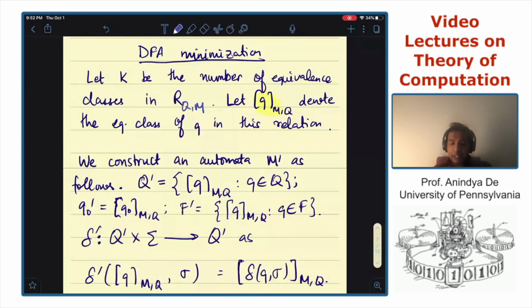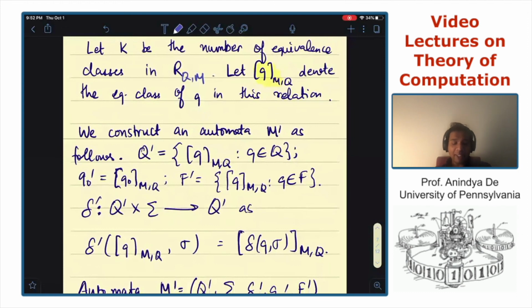So for a state q, let the bracket denote the equivalence class of q in the equivalence relation R_{Q,M}. We will now construct an automaton as follows. In Q prime, we will have a state corresponding to each of these equivalence classes.